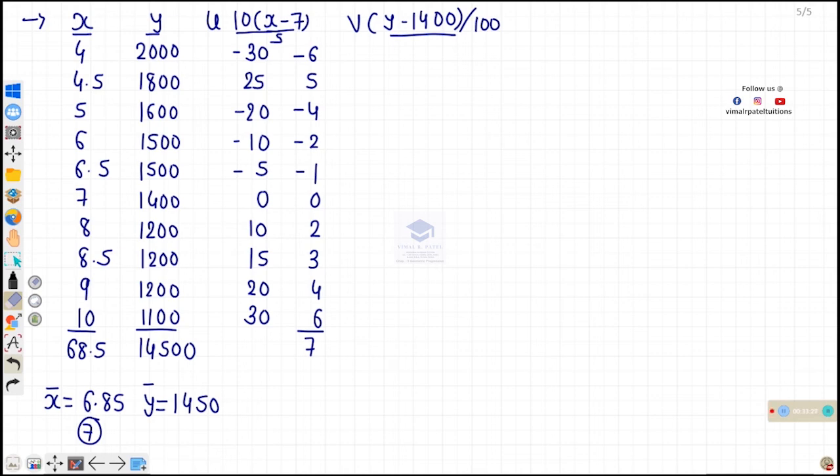So to make the numbers easier to calculate, I will divide by 100. So 2000 minus 1400 divided by 100: 6, 4, 2, 1, 1, 0, minus 2, minus 2, minus 2 and minus 3.